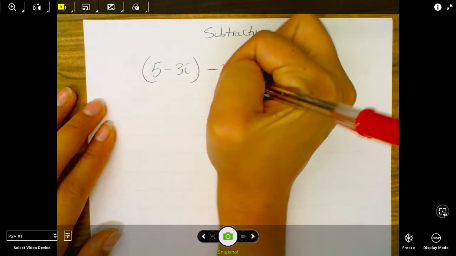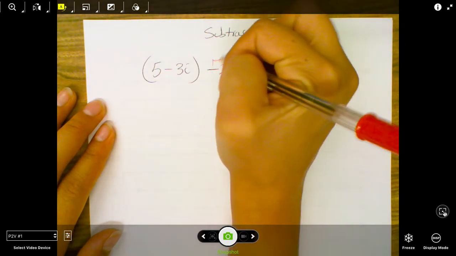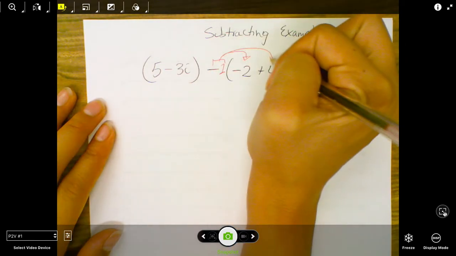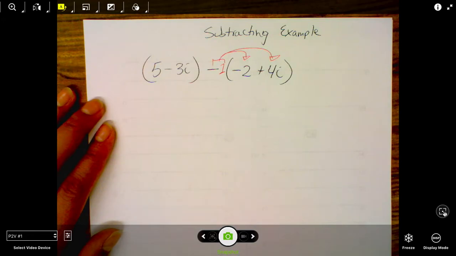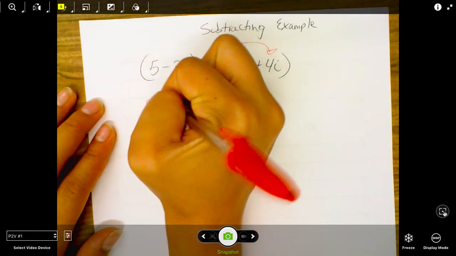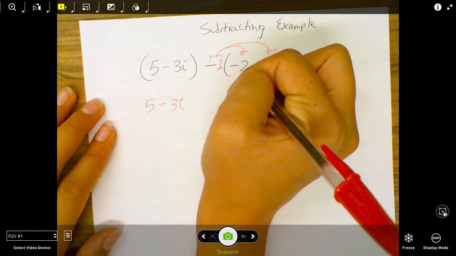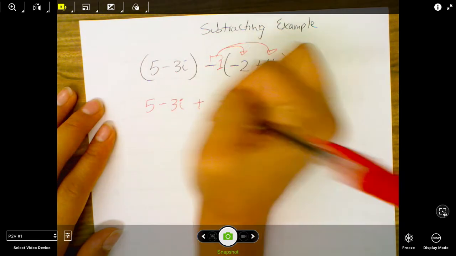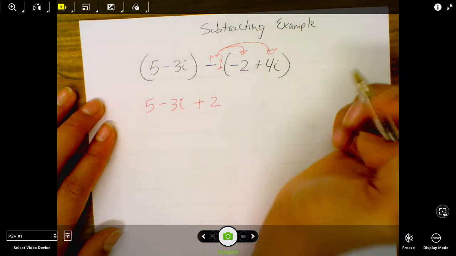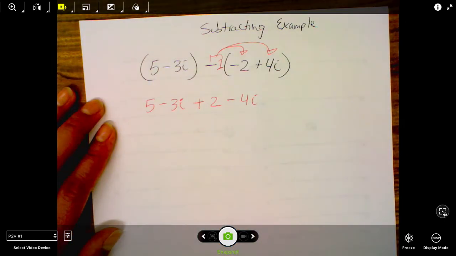So you want to pretend there's an invisible 1 there, and you actually want to distribute this -1 into everything inside the second parentheses. I'm going to rewrite the first part because that doesn't need anything. And then -1 times -2 is +2, and -1 times 4i is -4i. Then we'll regroup everything.